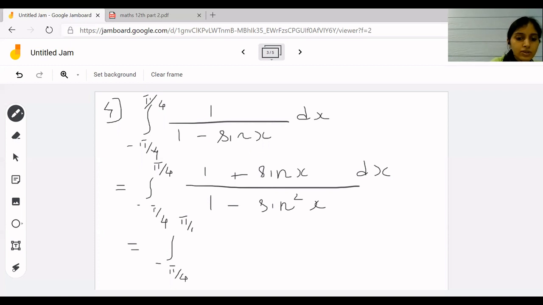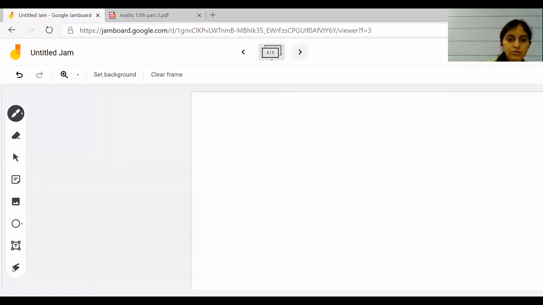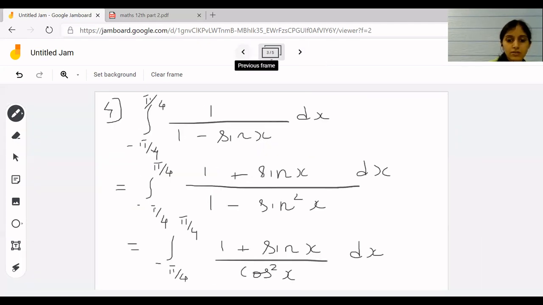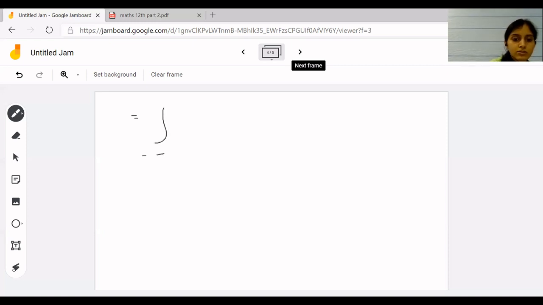Okay, and this would be 1 plus sin x upon cos square x, right, dx. What we can do is send cos square x to each of the terms in the numerator, right? So we'll put the integration outside, minus pi by 4 to pi by 4.